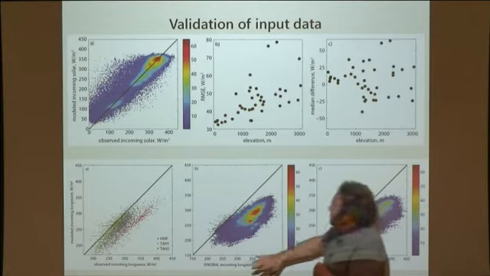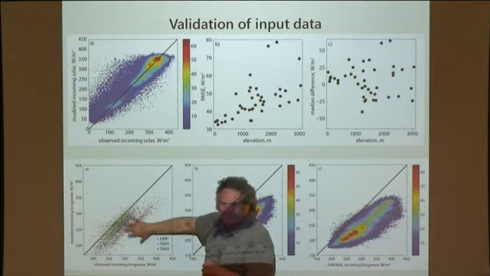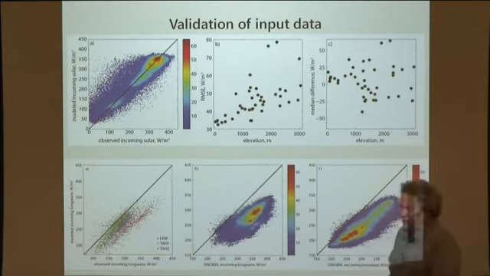The long wave radiation doesn't look as good. A couple of things, though. First of all, there are really only 3 stations in the Sierra that measure this reliably. And it's a tough thing to measure because your instrument heats up. So if you think of an analogy with a laboratory measurement, what if you're trying to measure something and your instrument is emitting the same thing you're trying to measure?